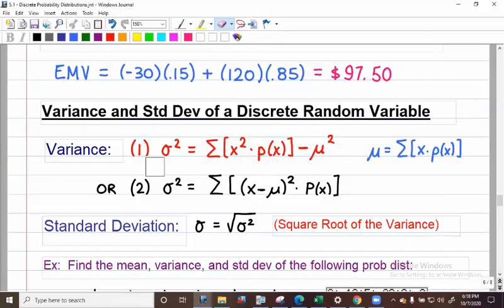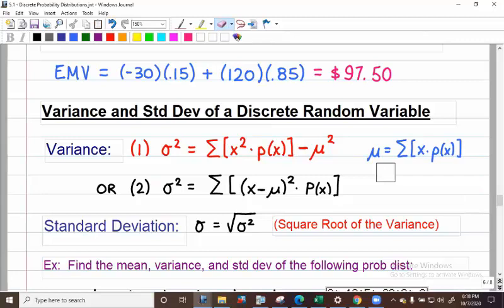This is the variance; the square means the variance. There are two ways you can do it. For this formula, we have to calculate the mean first, which is right here. We've already seen that you have to get the mean before you can use that formula.